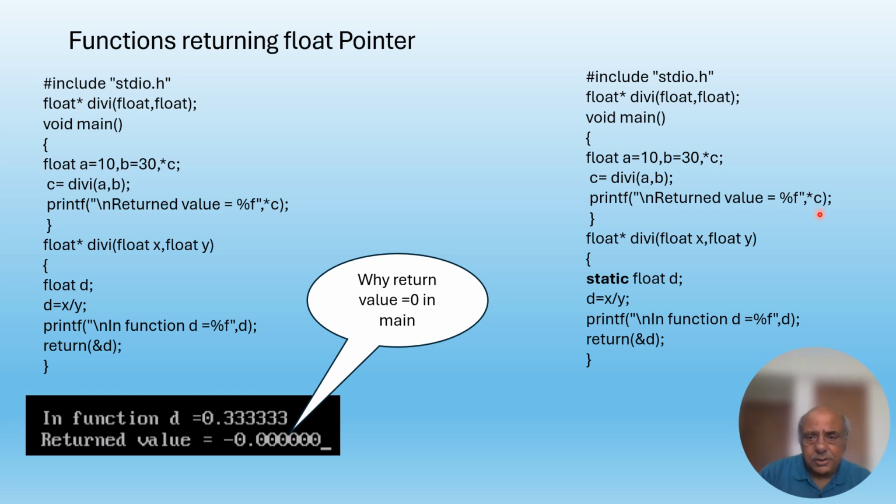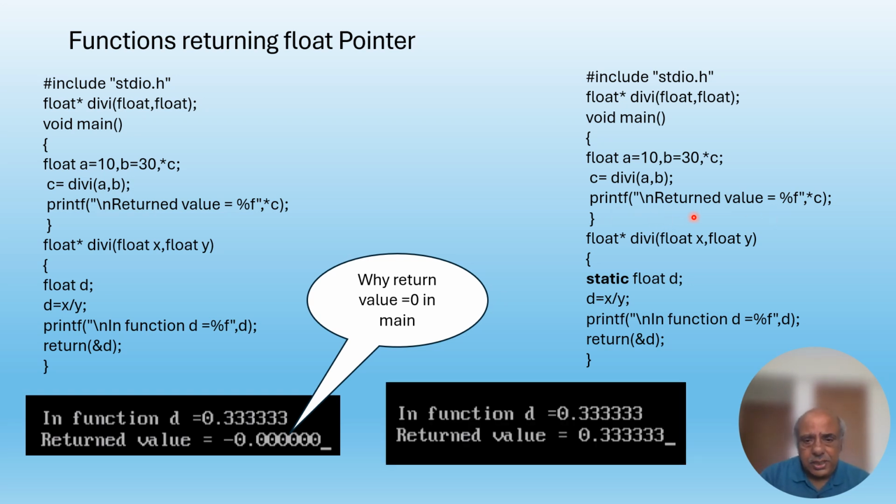The indirection operator star takes out the value stored at the address held by c. What address is it holding? It is the address of d in the function. So whatever value is held by d will be available through this printf statement, and now we get the return value correctly in our function.